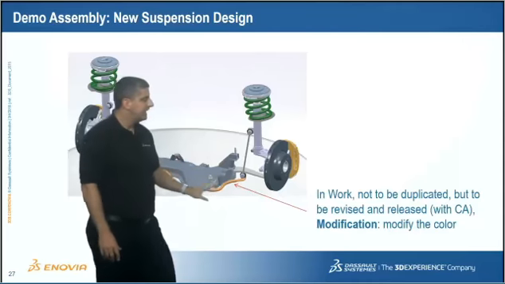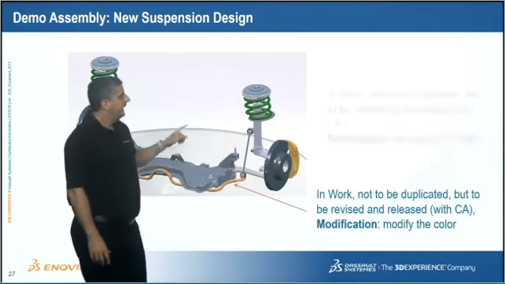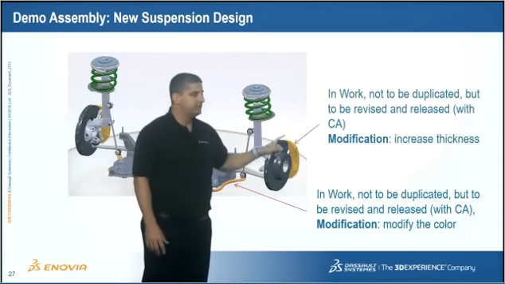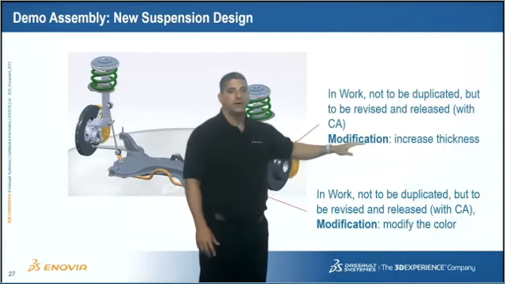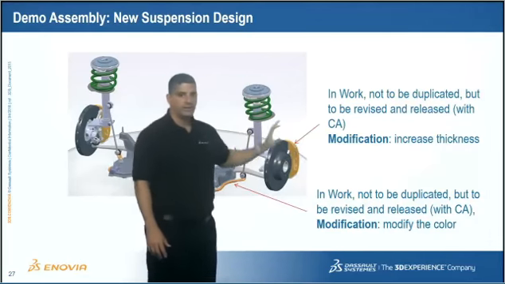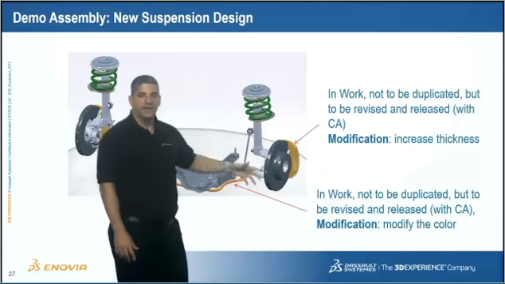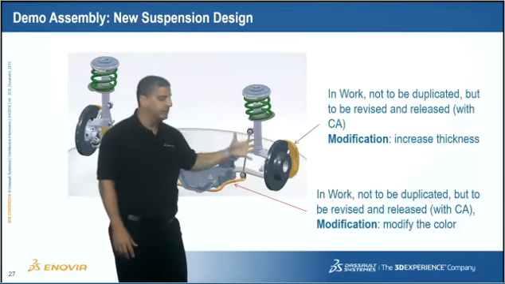So there's going to be a change action that's going to modify the color. That'll be a CATIA V5 change. And the brake caliper needs to be adjusted per a requirement of increasing the thickness to support some new design that we're doing on here. That'll be done in 3D Experience CATIA, again, driven through a change action. So that's the two changes that we're going to do.